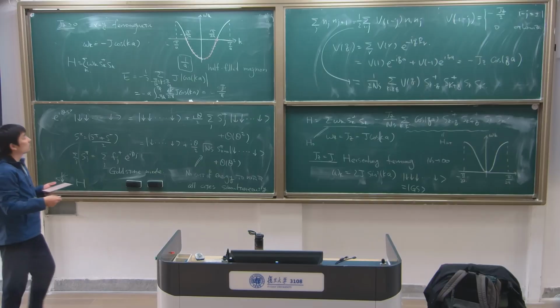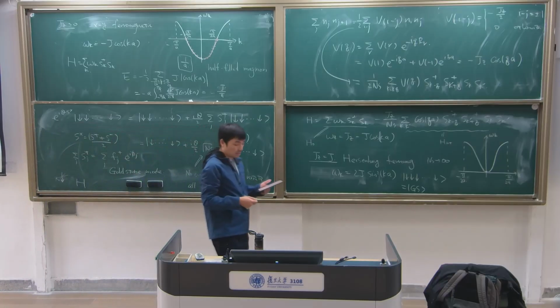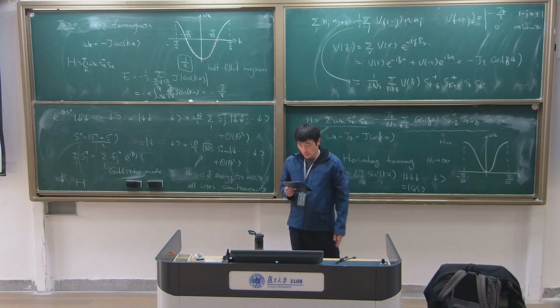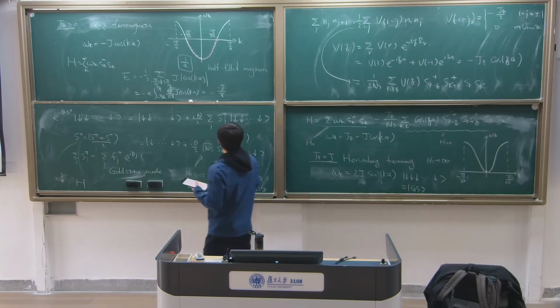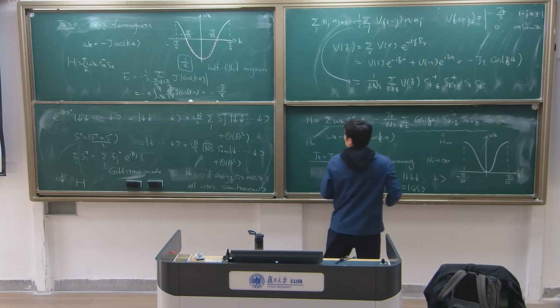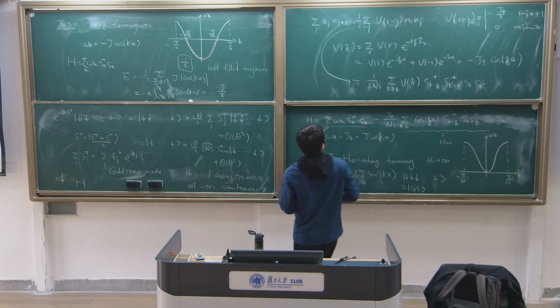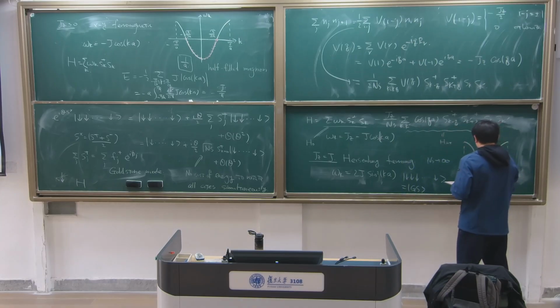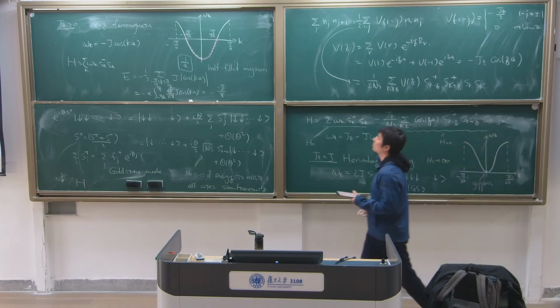Is that okay? Any question at this moment? So the system is again gapless. So here is also gapless. And the Heisenberg ferromagnet is also gapless.